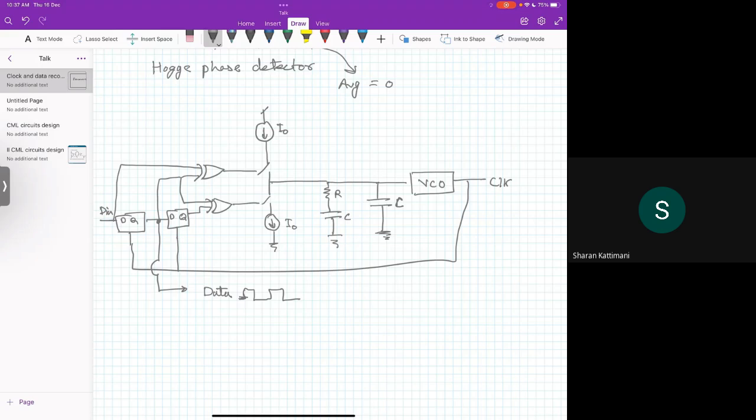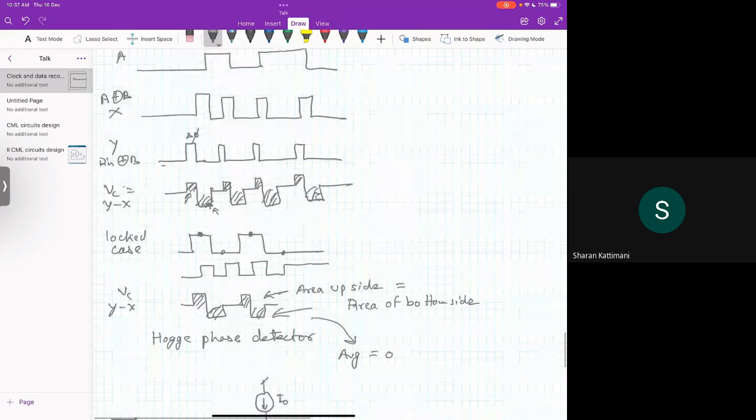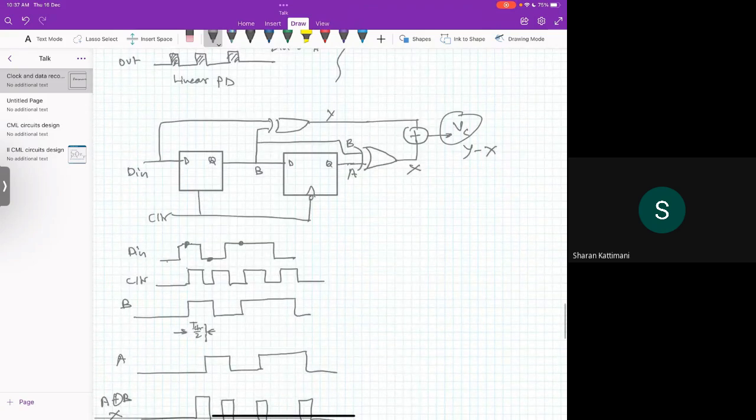In the place of that, there is a different kind of phase detector. It is called Hogge phase detector, and it was put here. This is the Hogge phase detector, and in this representation we have shown that finally we need to sum them, okay, and then do averaging.